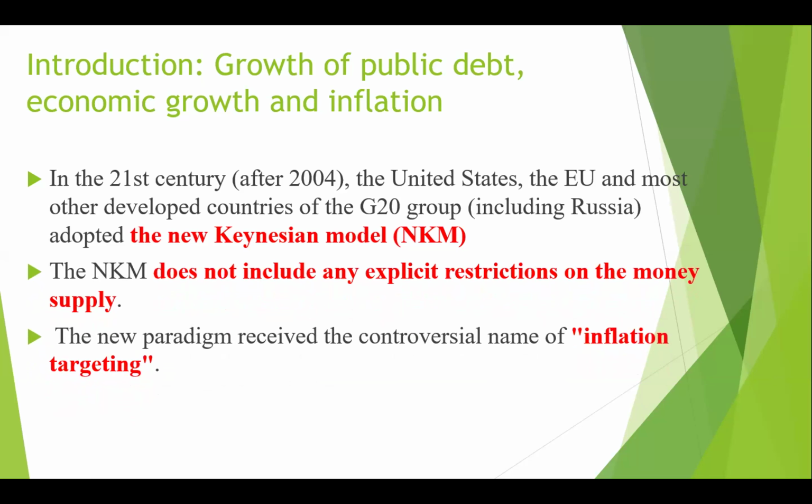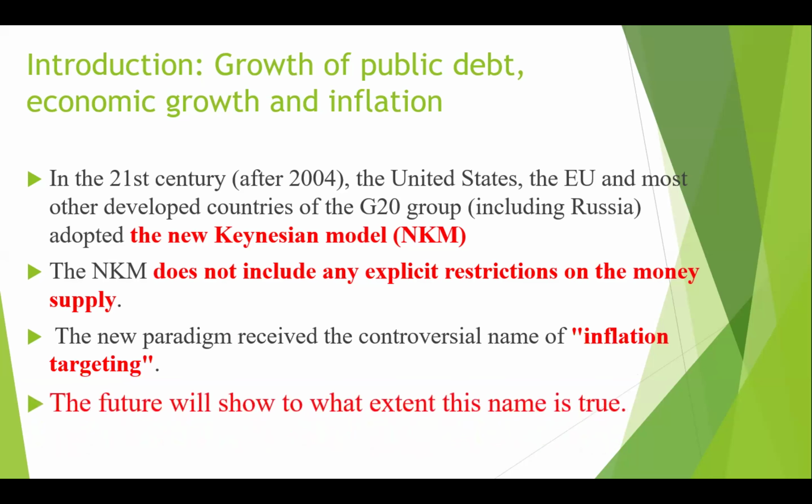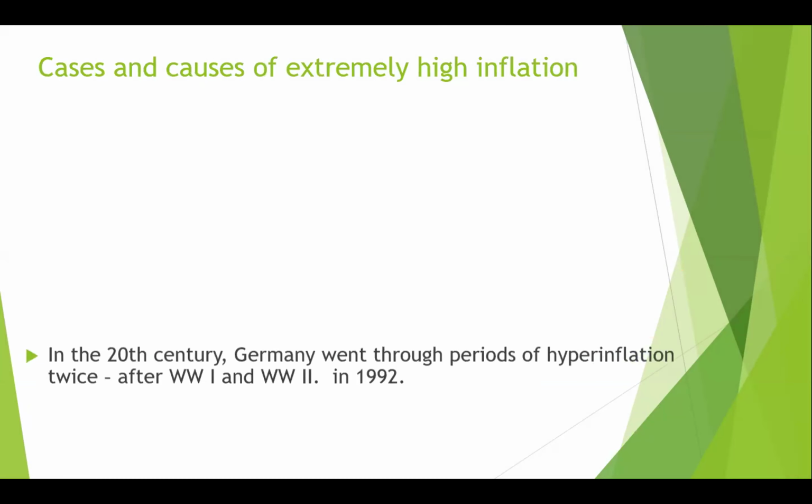This model doesn't include any explicit restrictions on the money supply, which is very controversial by my judgment. I'm not sure that these models will have a good end. Probably they will drive us to uncontrolled credit emission to cover a budget deficit. That's what I think.